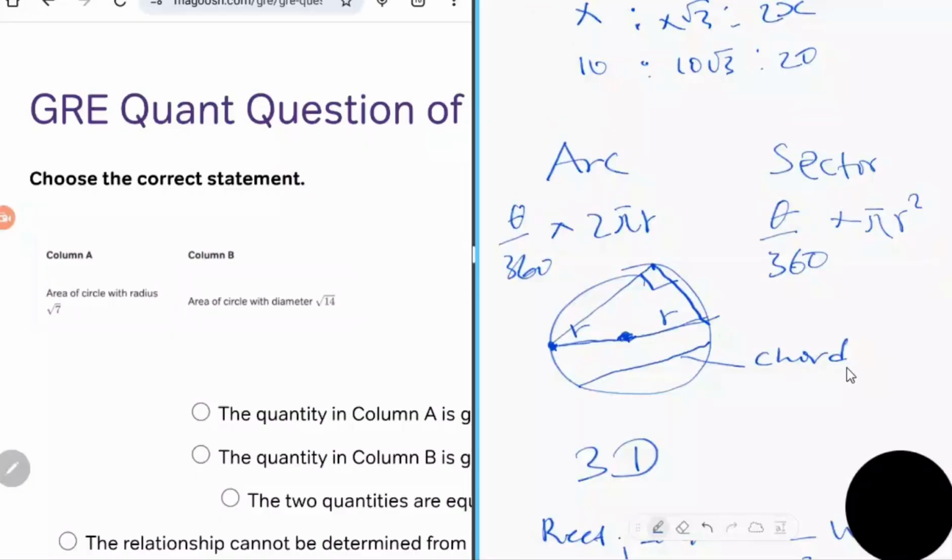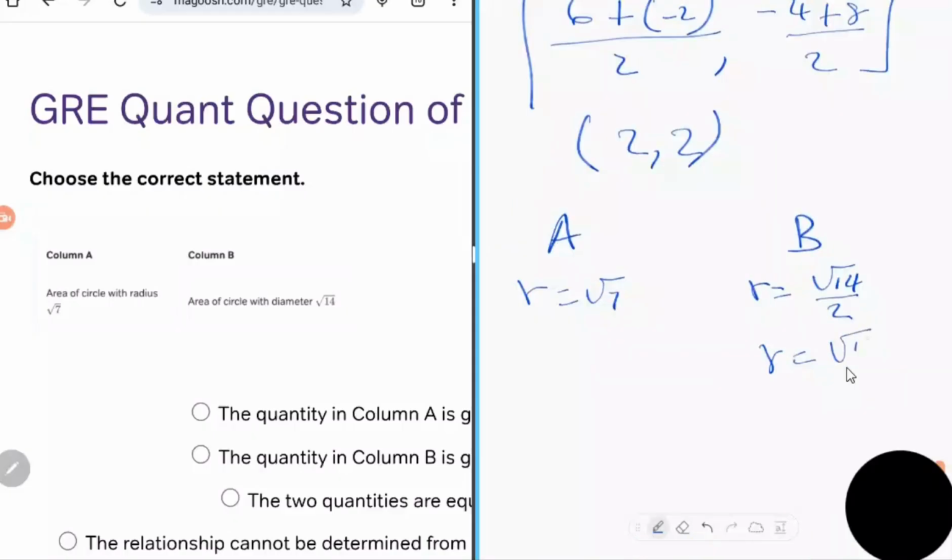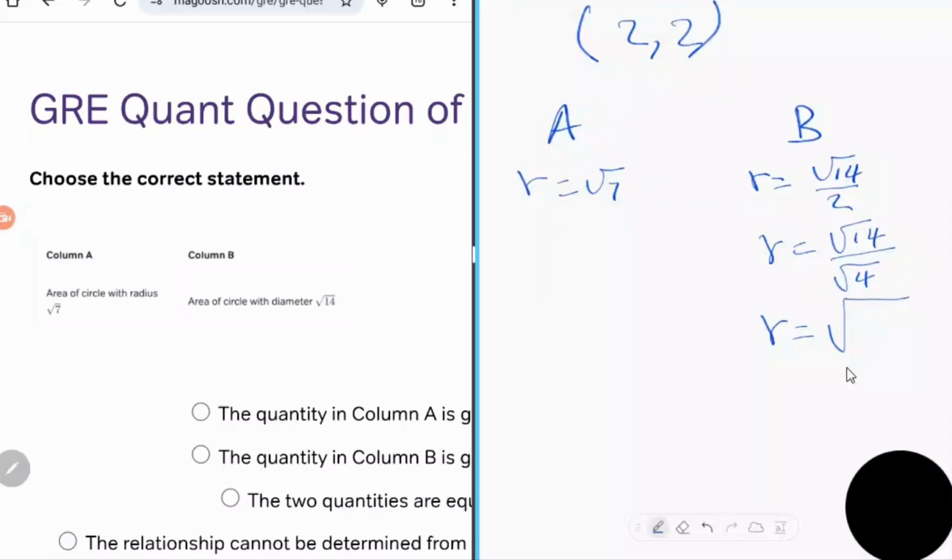The diameter d is 2r, or r is d over 2. We know this is root 14, but 2 is the same thing as root 4. This works if you are dividing or multiplying, not when adding or subtracting. So 14 over 4 is 3.5, which is less than 7.